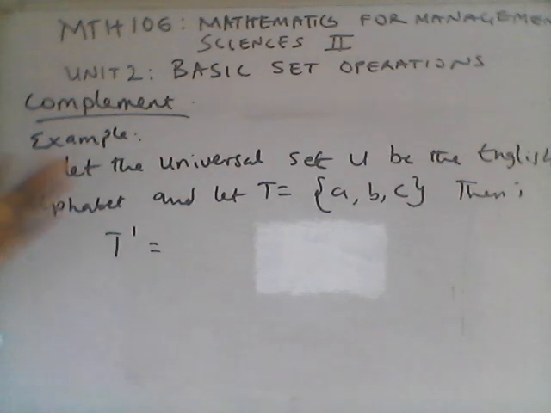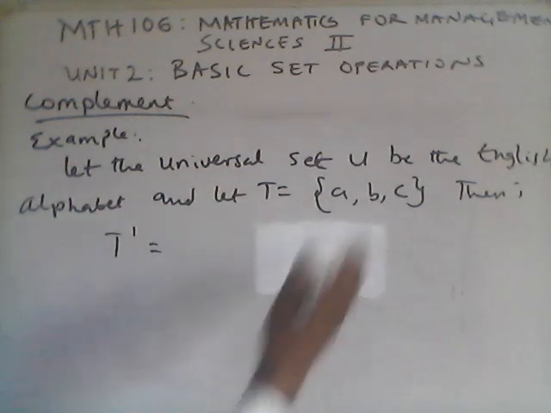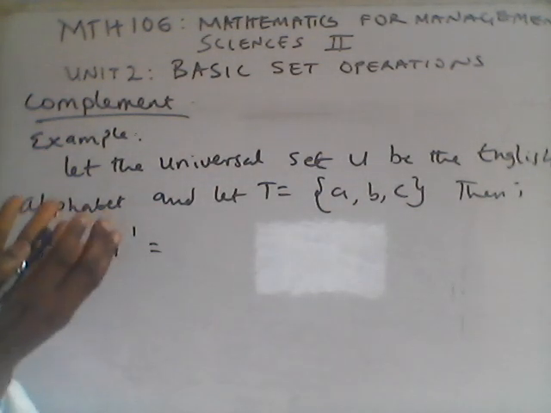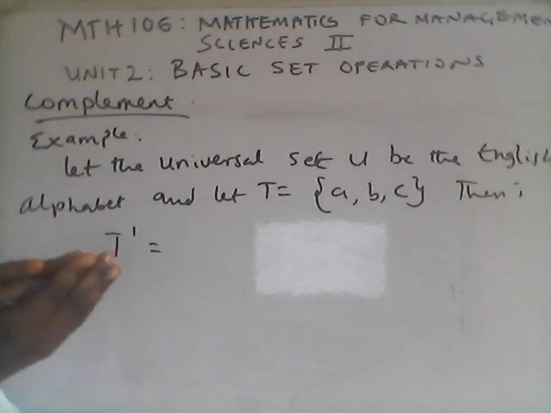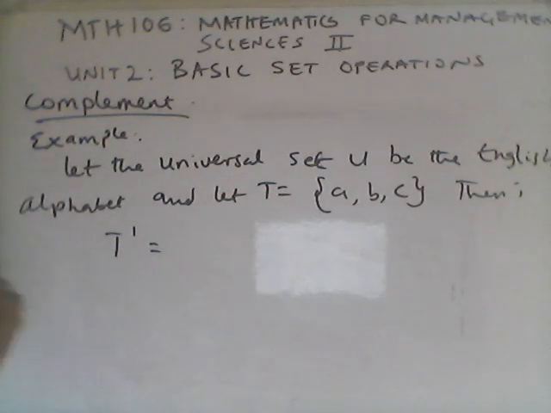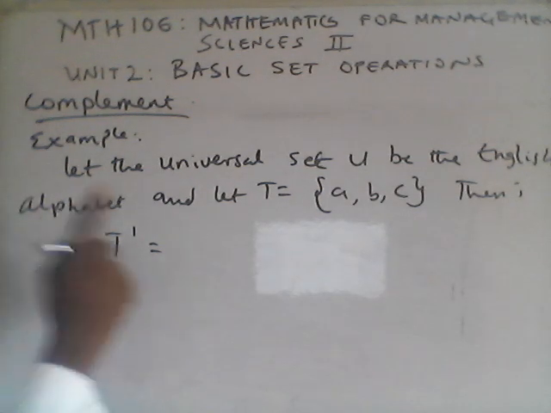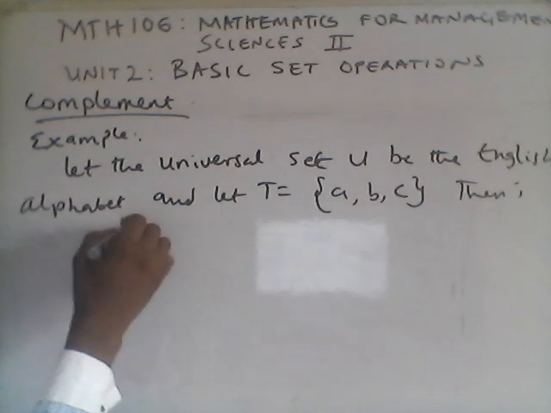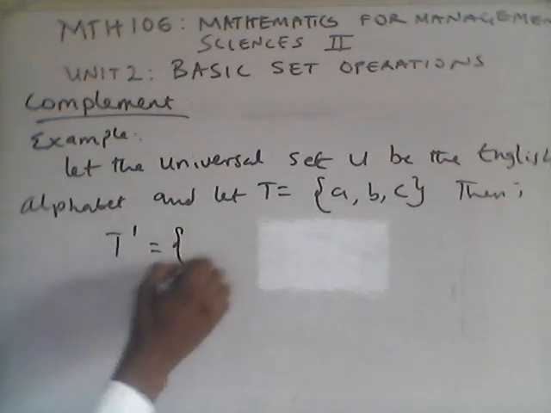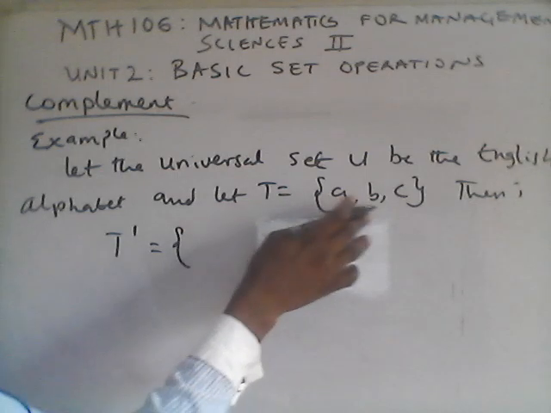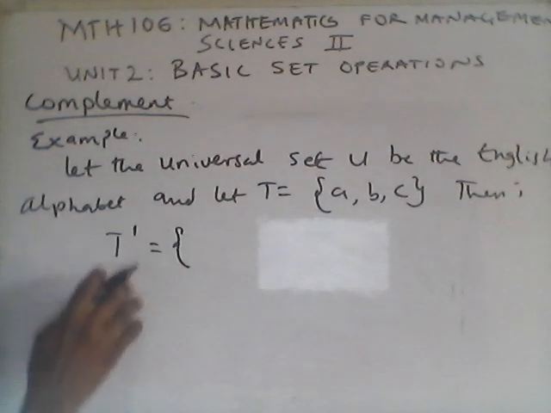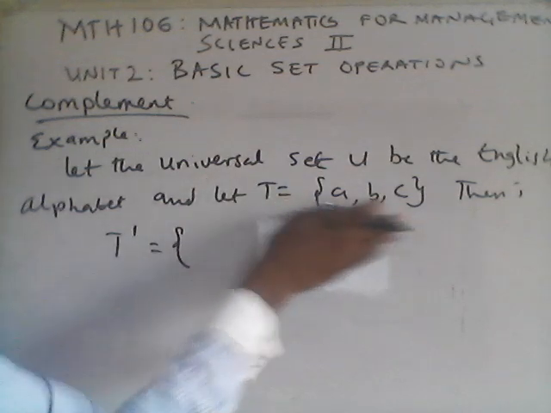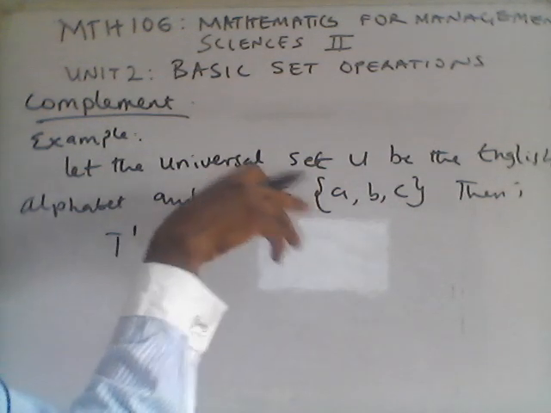So let the universal set U be the English alphabet. The English alphabet has 26 letters, right? From A to Z. So the universal set is A to Z. And let T be {A, B, C}. Then T complement will be anything that is not in these three but in the universal set.